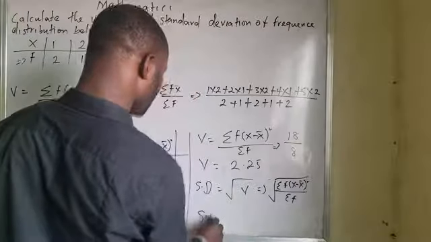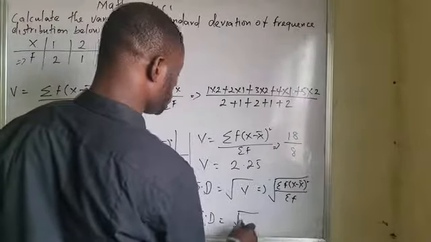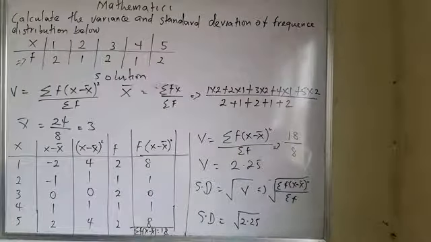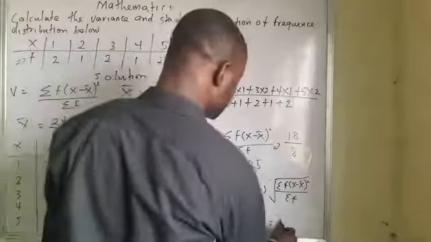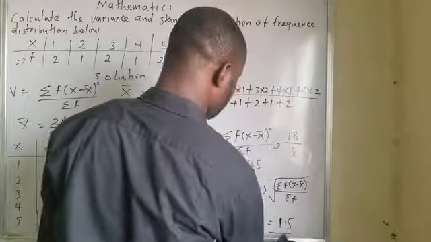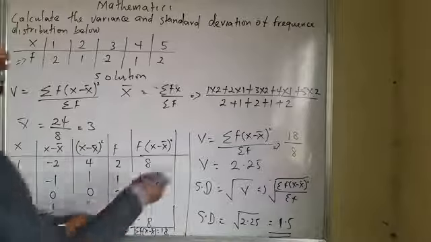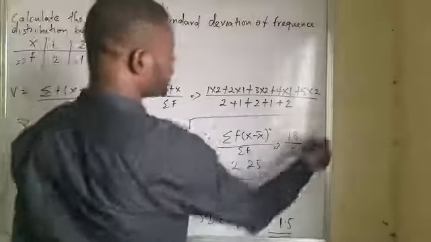So my SD equals the root of 2.25, which is 1.5. That is my answer. Now, can you see how simple it is?